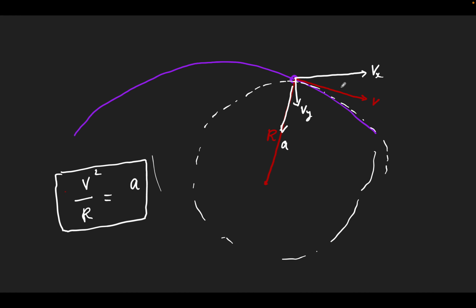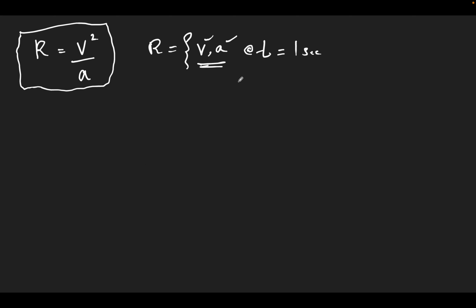So the velocity can be split into vx and vy. If we get vx and vy, we can determine v, right? So first let's determine vx and vy.